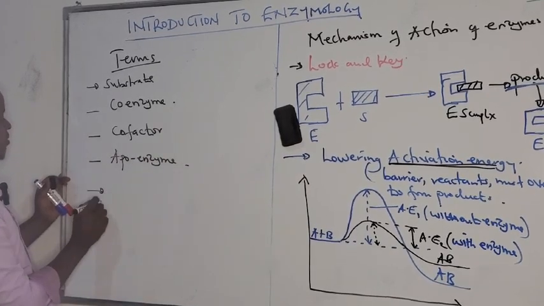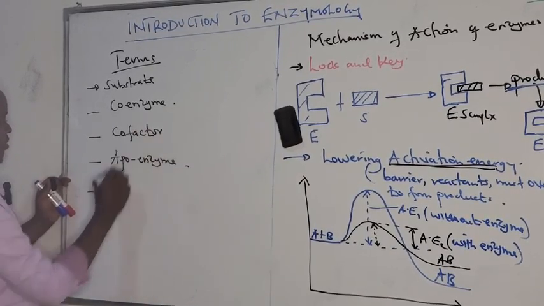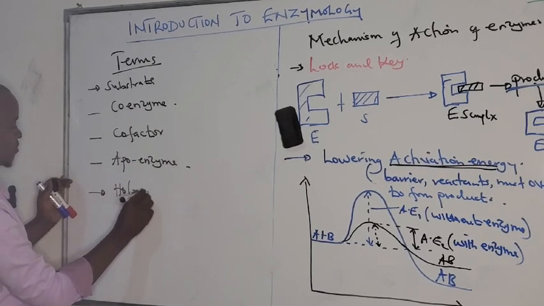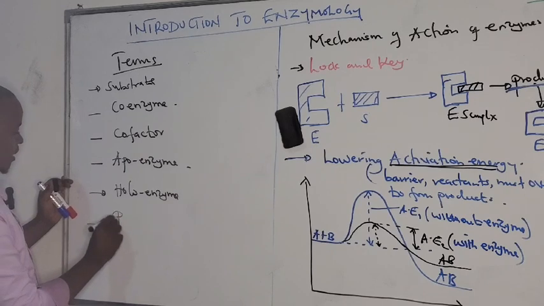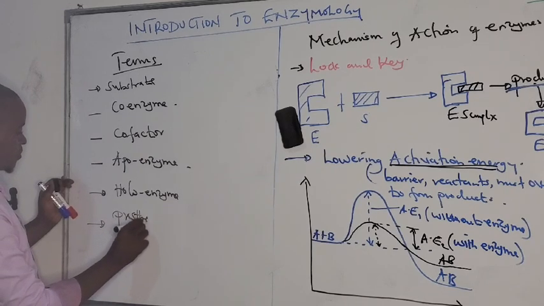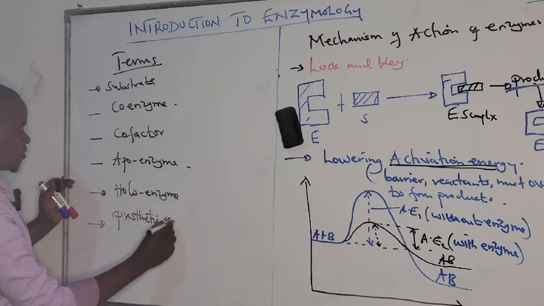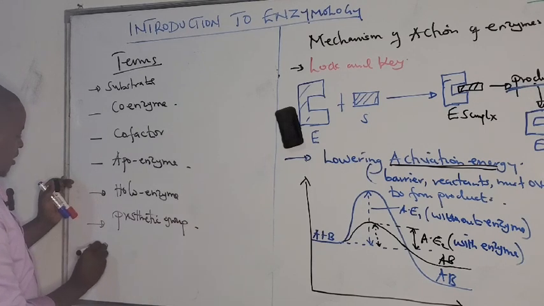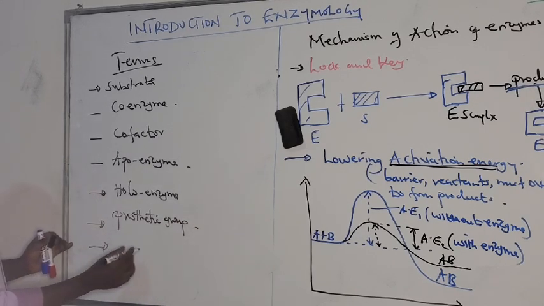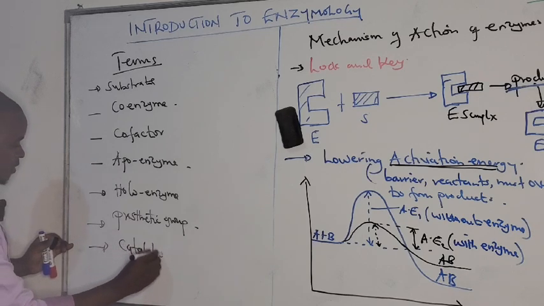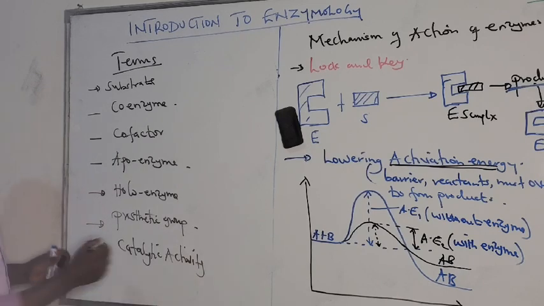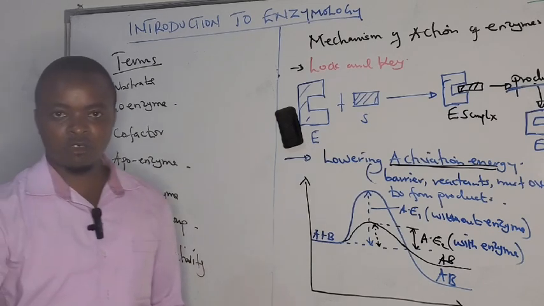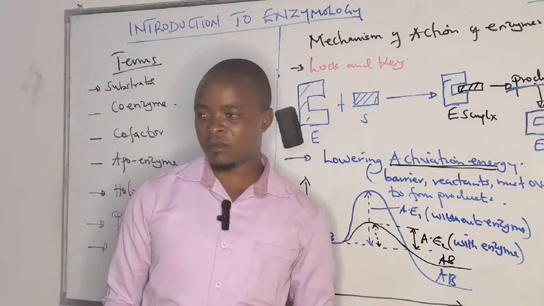We need to define a holoenzyme. We need to define a prosthetic group. And lastly, we need to define what is catalytic activity of the enzyme. So these are the terms we should know because we apply them in enzymology.